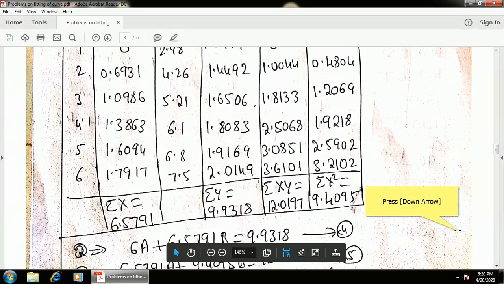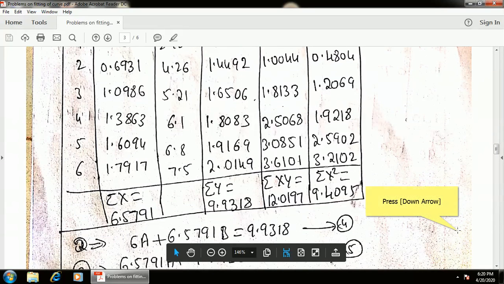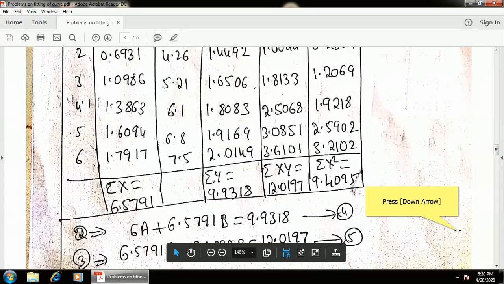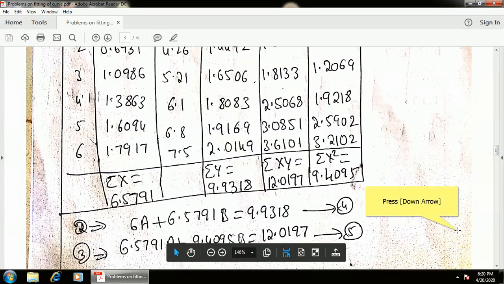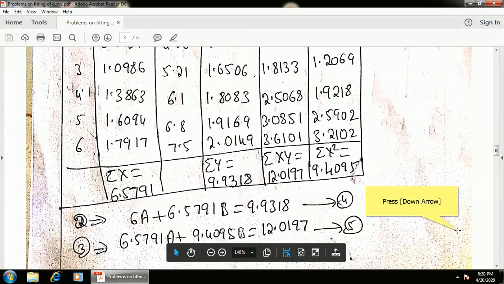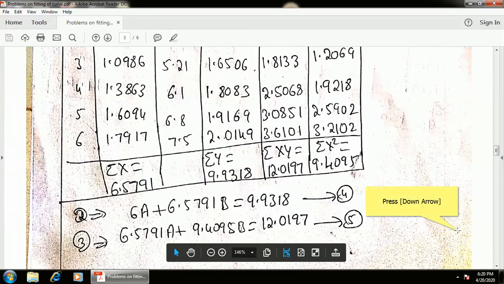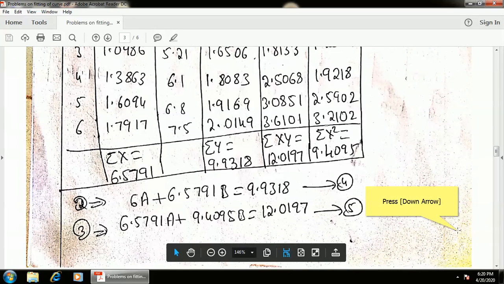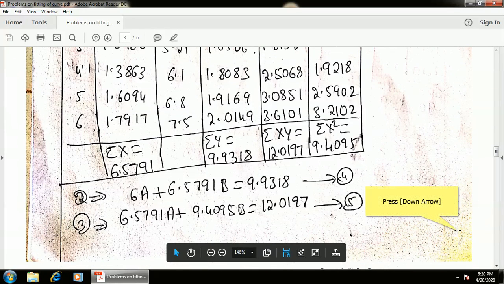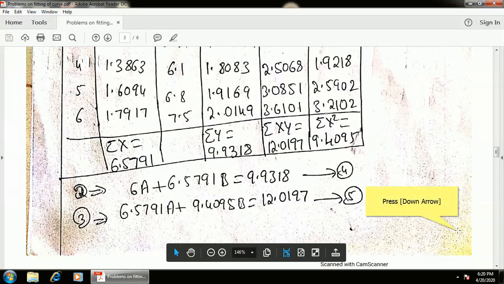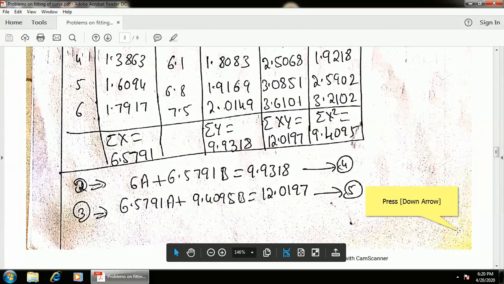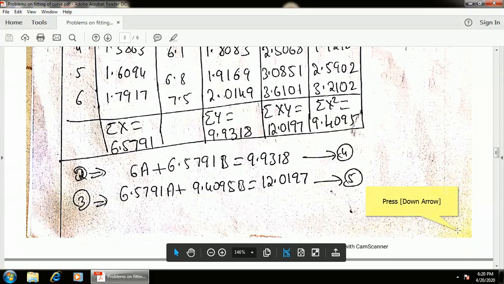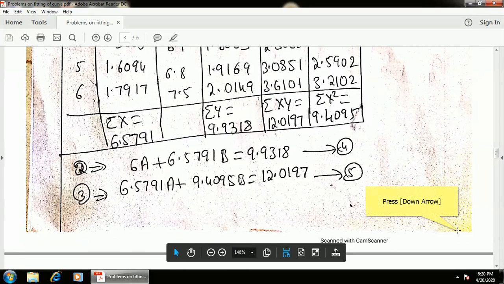Substitute those values in the brackets. Once again, two equations in two unknowns.